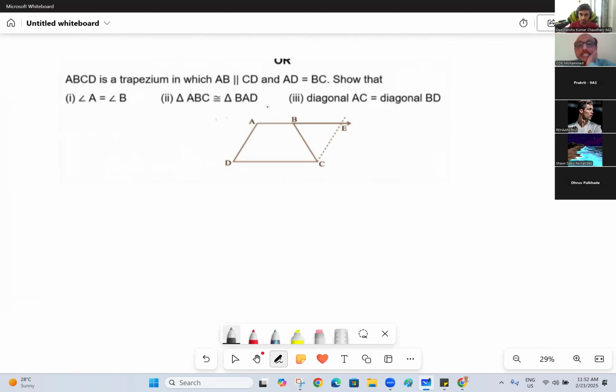Here, ABCD is a trapezium. AB is parallel to CD. AD is equal to BC. Now you have drawn CE parallel to AD. So what did you get? Here AE is parallel to DC and AD is parallel to EC.